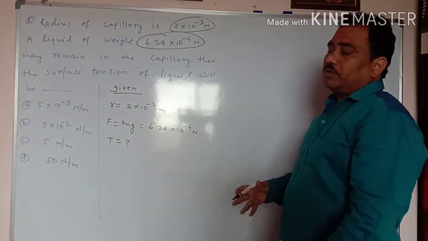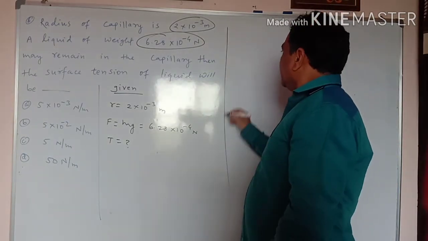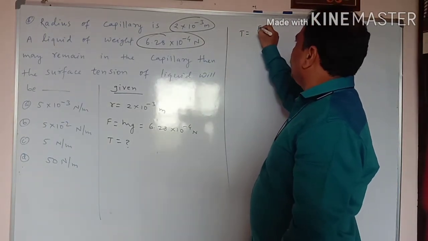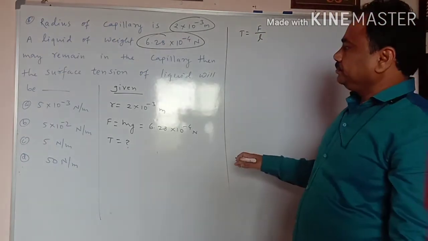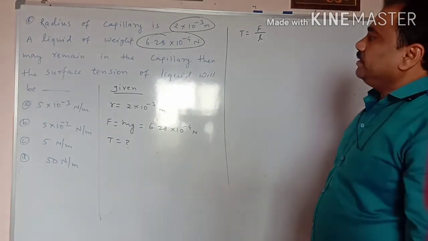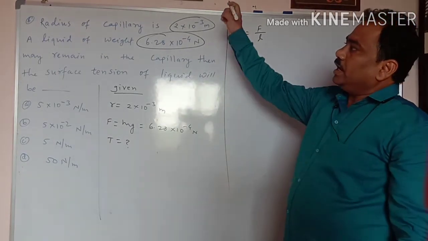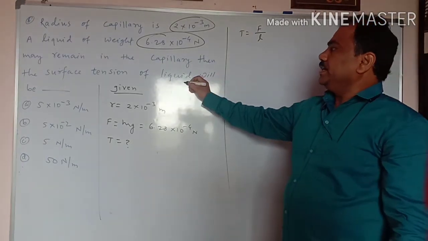So what is the basic formula to calculate surface tension? See here, surface tension will be force per unit length. So what is length? Length is not given here. Why is it not given? Because a capillary tube is there, and in that capillary tube a liquid is there.